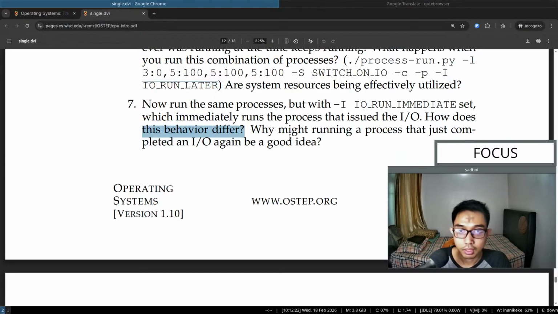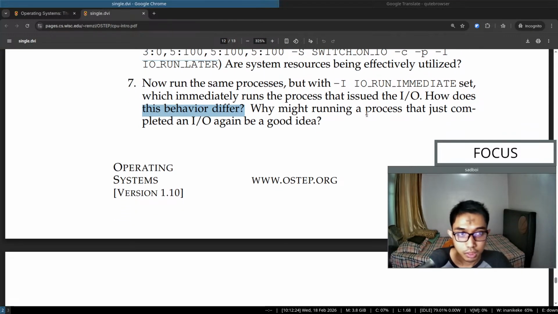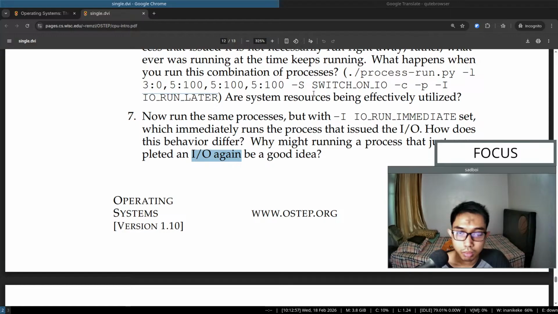Okay, when running a process that just completed input output can be a good idea, because in the meantime, while waiting for those input output to finish, the process that uses input output again, we can finish another process too.